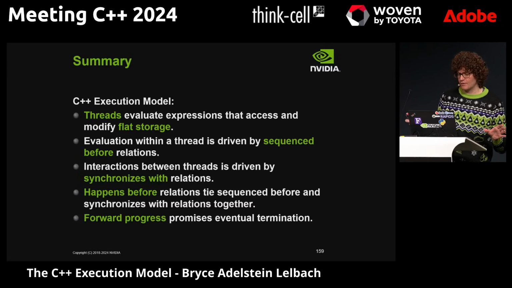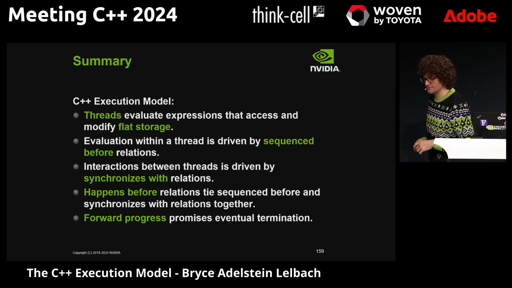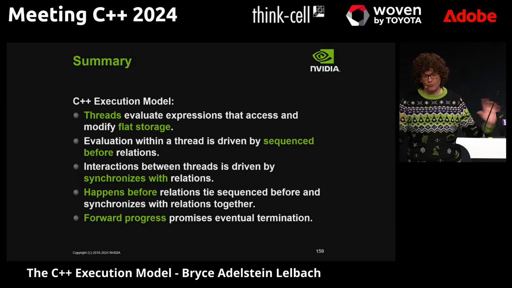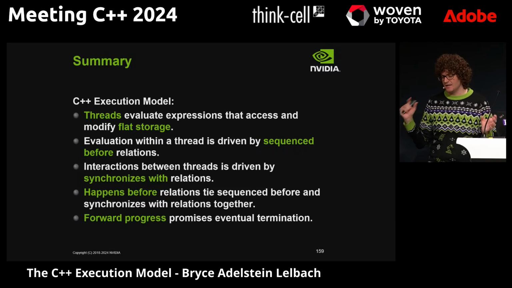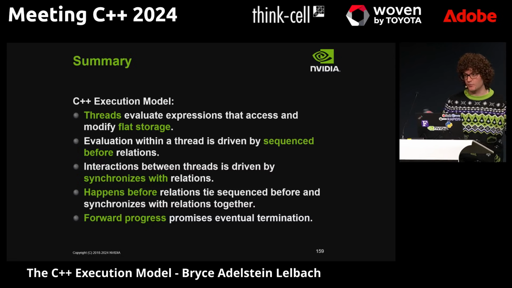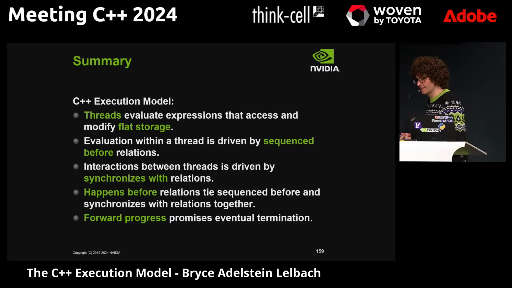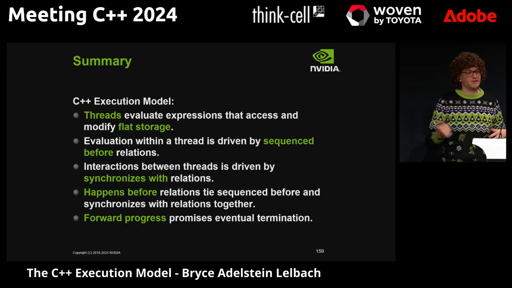Interactions between threads is driven by the synchronizes with relationship. And the happens before relationship ties the two together. It gives you arbitrary concatenations of sequenced before and synchronizes with, which allows you to reason about ordering both within threads and across threads. And forward progress gives us a promise of eventual termination.